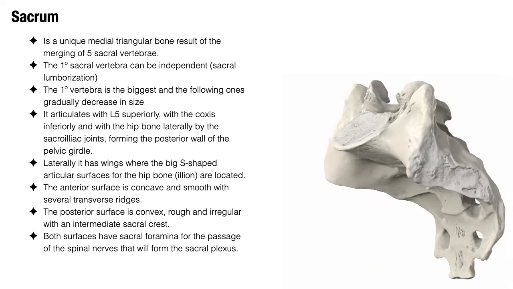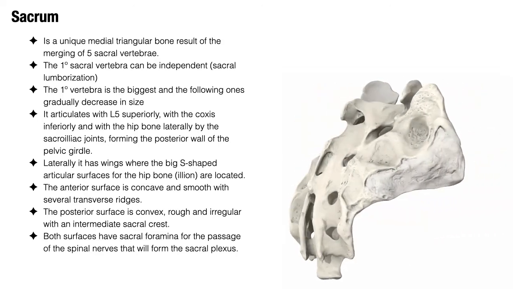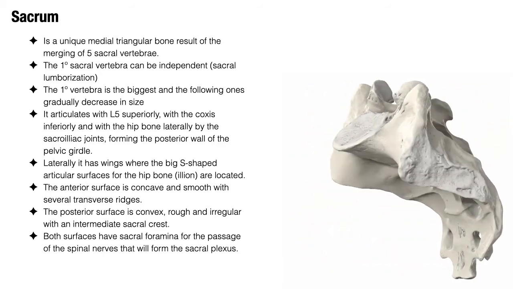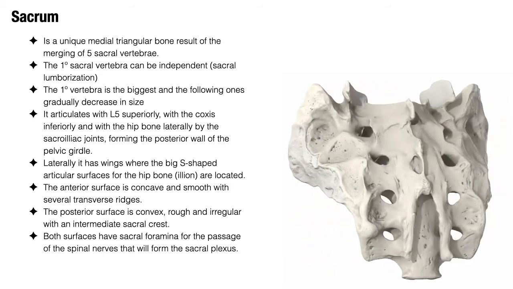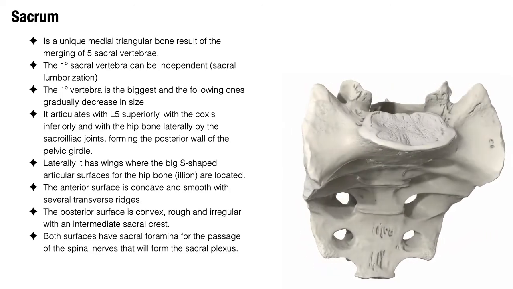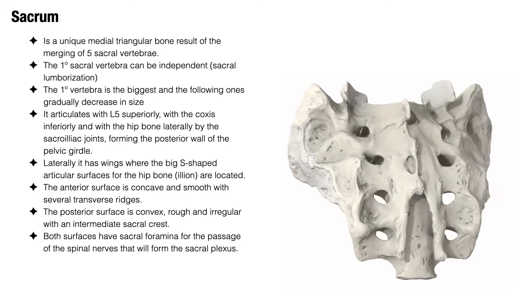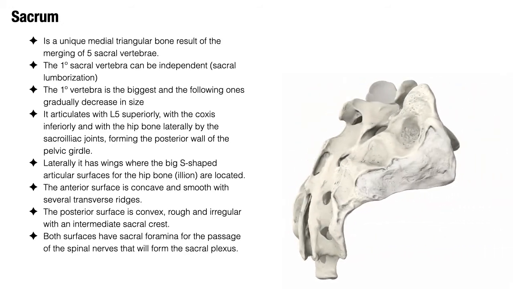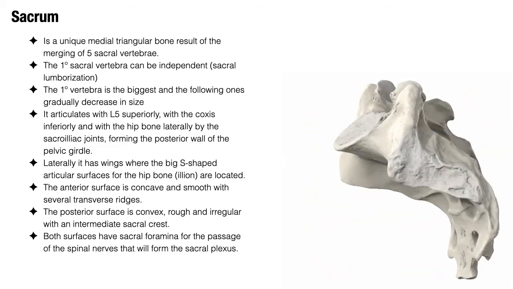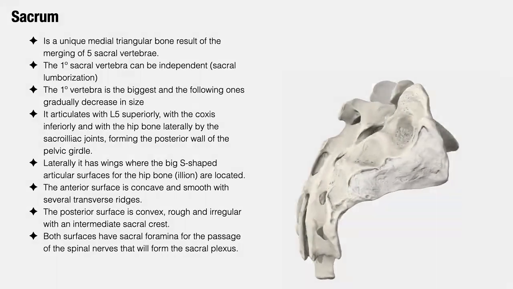Because in the rest of the spine, you have only one hole between 2 vertebrae, but the spinal nerve, as it leaves the vertebral canal, divides into an anterior and a posterior nerve. Here, because the vertebrae are fused, this is why we have those holes. One hole for the posterior nerve, another one for the anterior one.